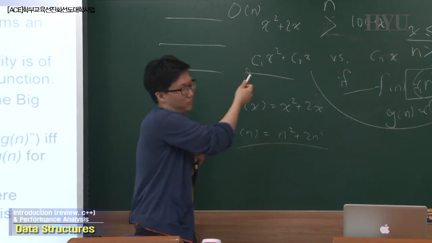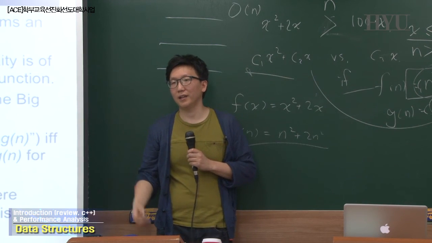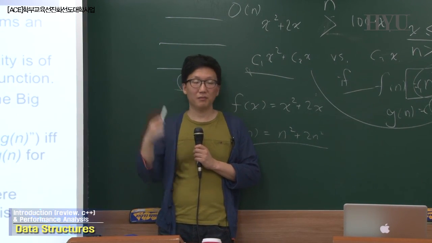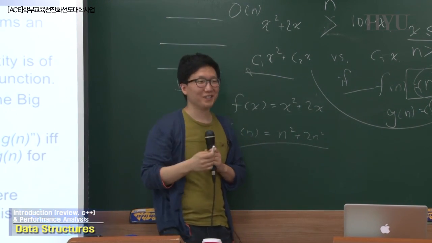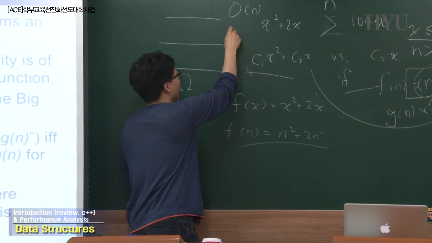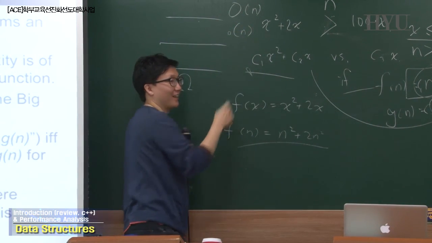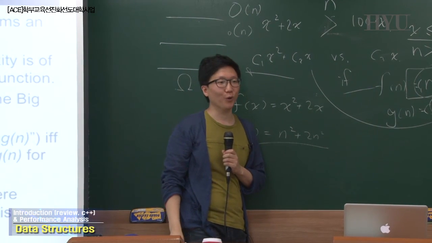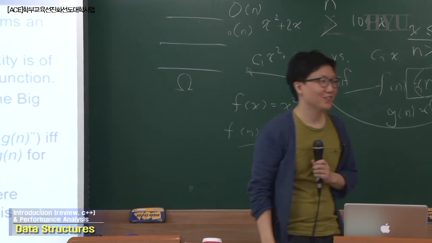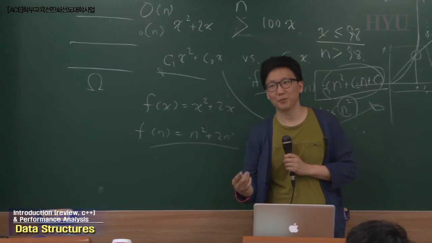Last year, I usually marked it as okay. I gave you full marks. But this year, if you don't write it this way, or some people make me confused, I don't know whether you mean a big O or little o. So make sure I can tell which one is which.